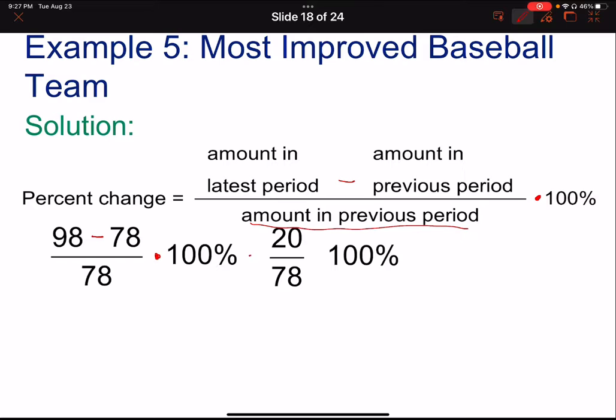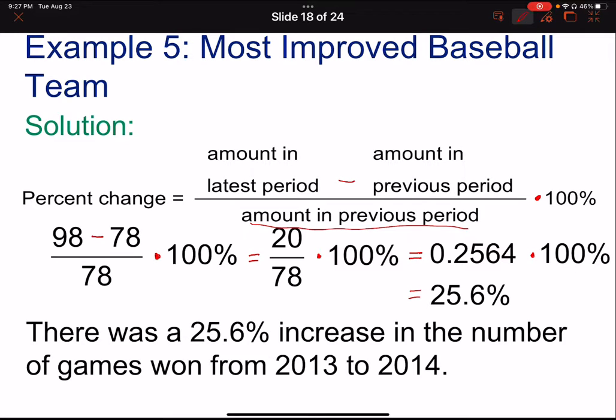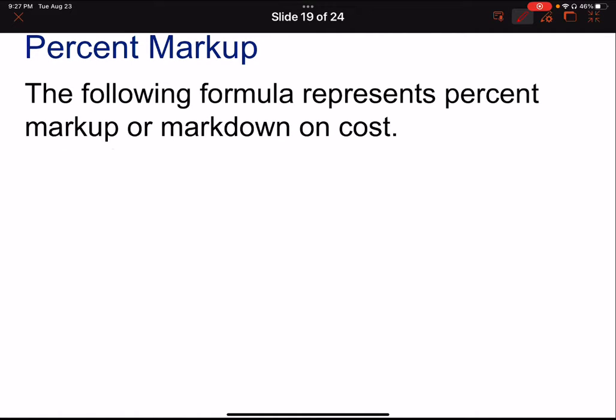That equals 20 over 78 multiplied by 100%. 20 over 78 is 0.2564, and times 100%, that equals 25.6%. So the percent change in the games won by the Los Angeles team from 2013 to 2014 was 25.6%.